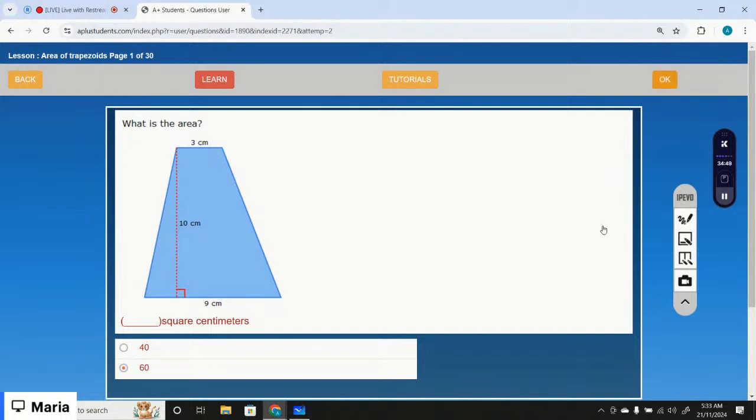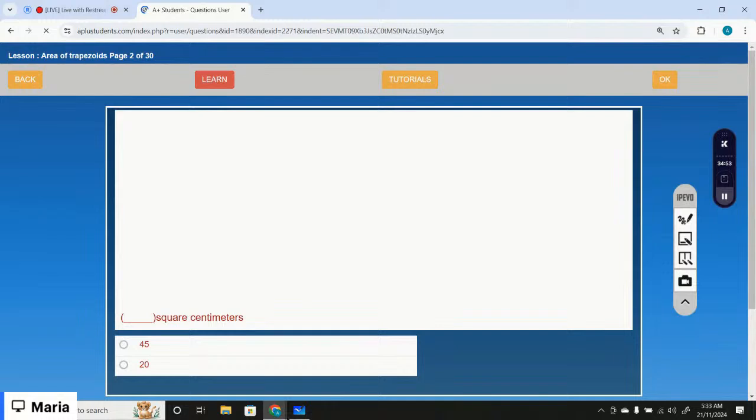Option number 2 is the correct option. Let's just move on to next one. What is the area?